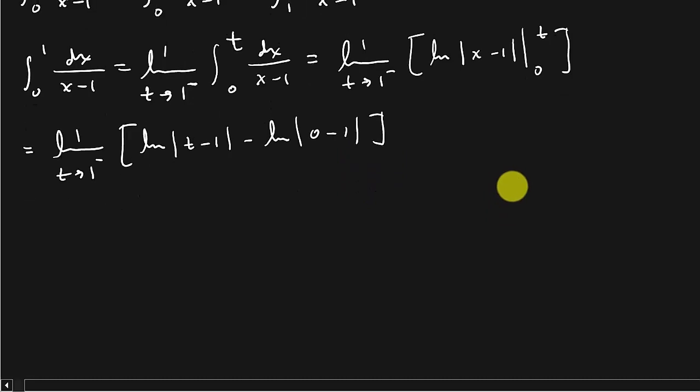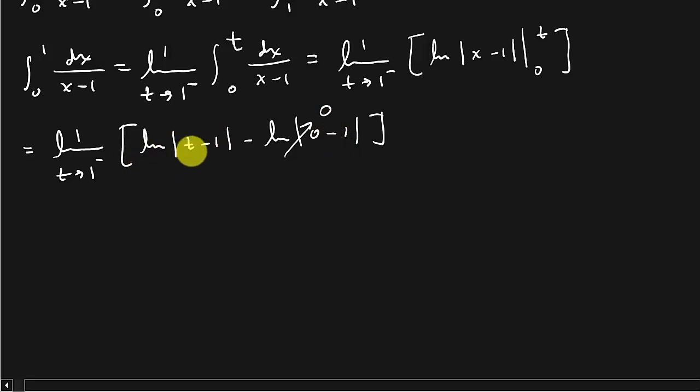So let's think about this. We know here that's 0. That's just the natural log of 1. 0 minus 1, that's negative 1. We're doing absolute value, that's 1.